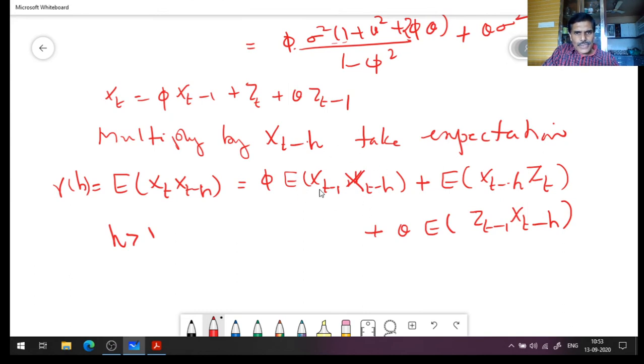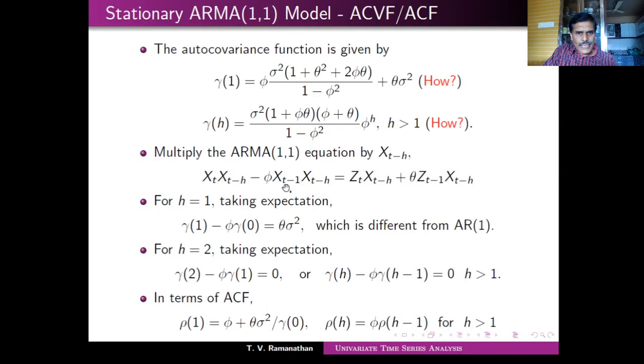Putting h equal to 1, we get gamma 1 minus phi gamma 0 equal to theta sigma square.